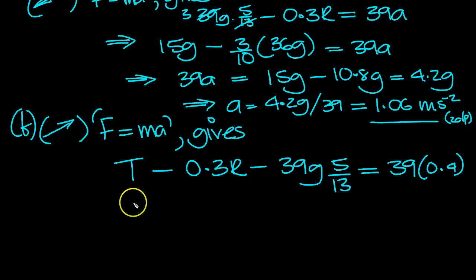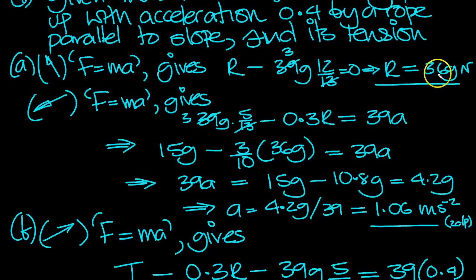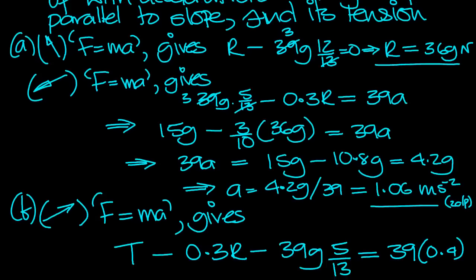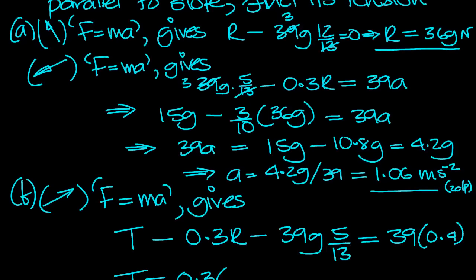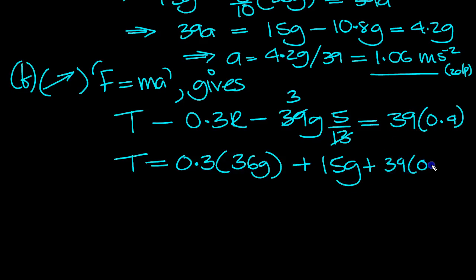So we know R, so we can get the tension then, because R doesn't change from before. It is 0.3 times R, and R was 36g. So we moved this over the equals and put it as a plus, and replaced R by 36g there. Plus, this goes into this 3 times, so it's plus 15g, plus the 39 times 0.4 that's already there.